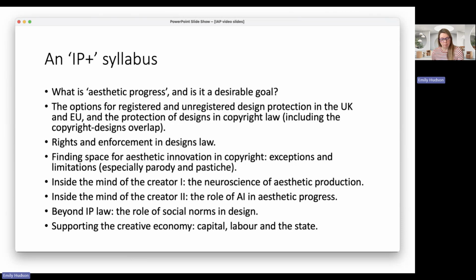Final indicative topic relates to capital, labour, and the state. So again, we're going to look beyond IP law at other legal and political and economic factors that are relevant to supporting art and design.